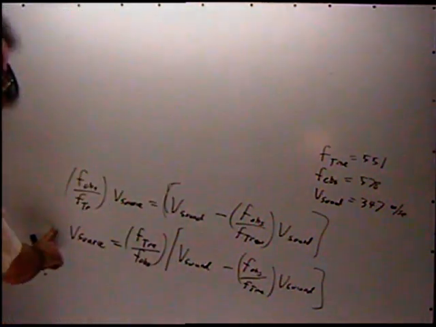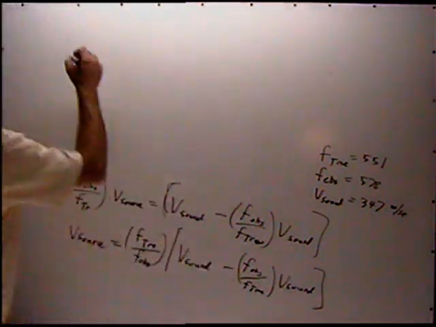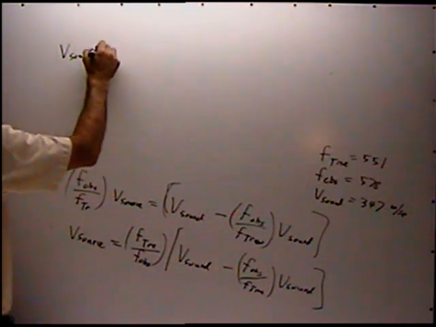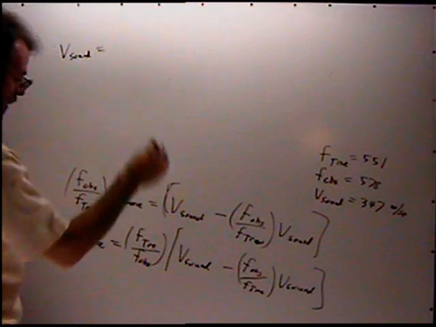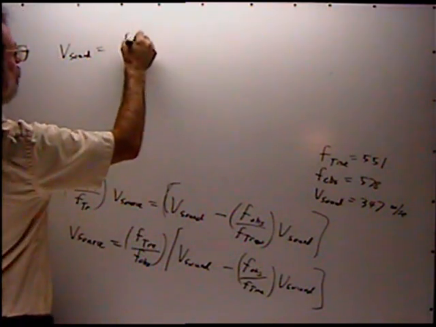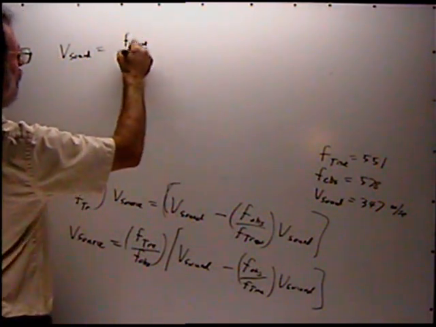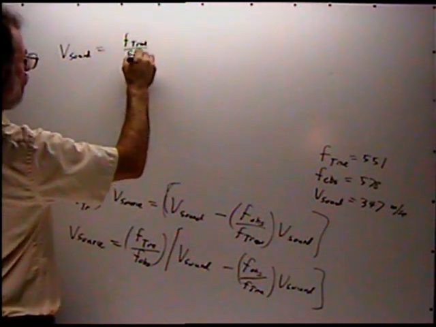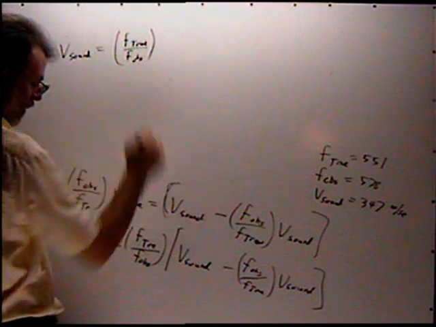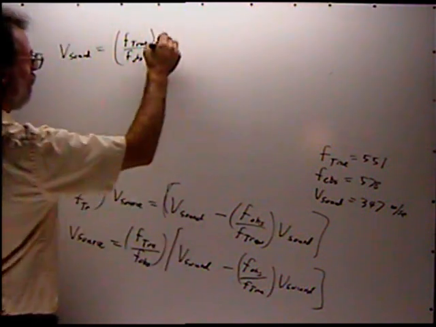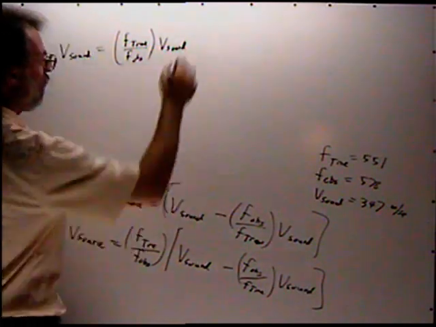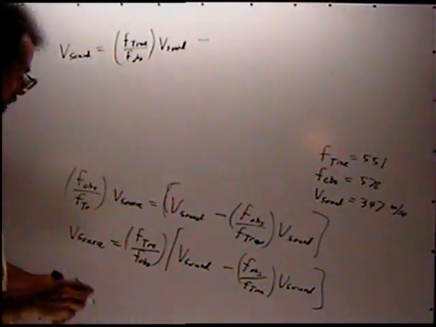Okay, I'm going to take this and multiply it through. So I have V sound. Again, I'm just doing algebra on this right now. F true divided by F observed times V sound minus, now notice what happens.